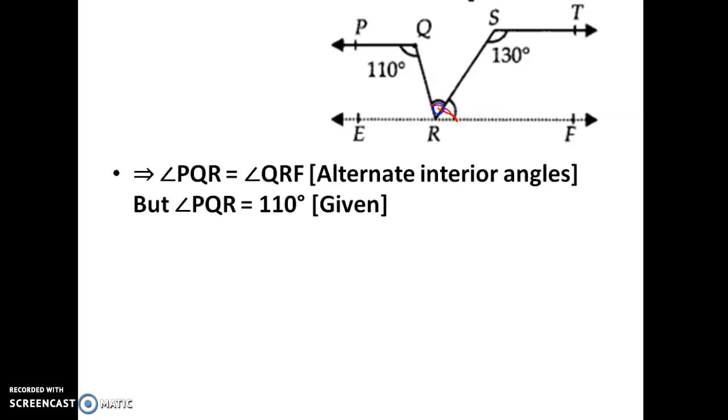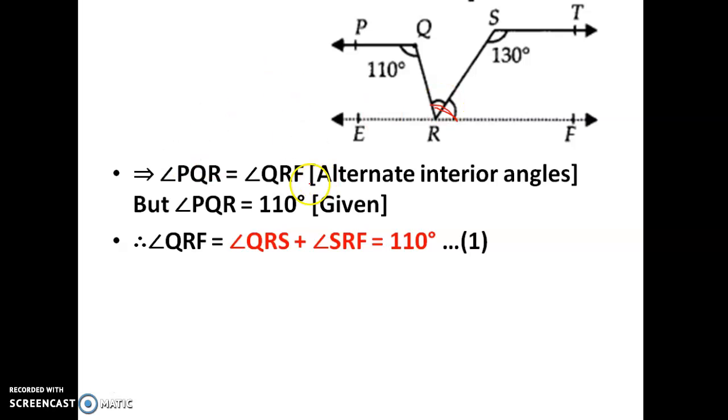This full angle is the alternate interior angle to this 110 degrees. So we can say this angle is also equal to 110 degrees. Why? Because these two are parallel lines, so the transversal is there, this holds, right. So PQR is equal to 110 degrees, so QRF is equal to 110 degrees.